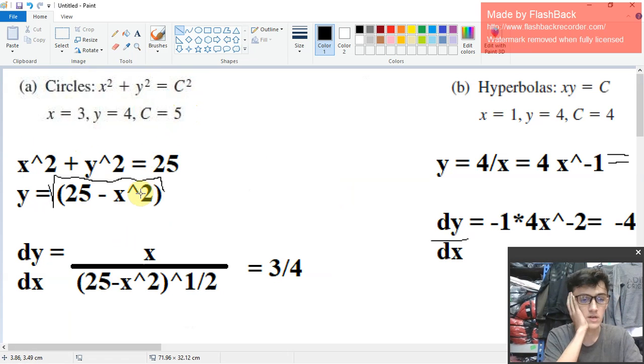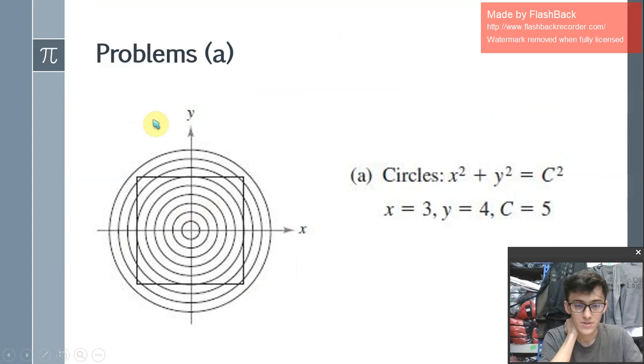So here what I got: if we solve for y, it is equal to this value, and the derivative at the given point is equal to 3 over 4. I'm not sure whether I should explain how I solve it, because I think it's simple. The picture for this is a circle with a family of curves and lines which seem to be curved.